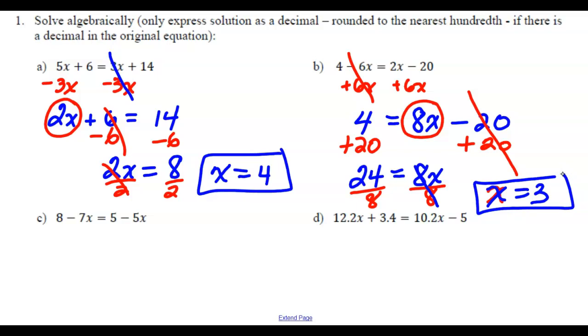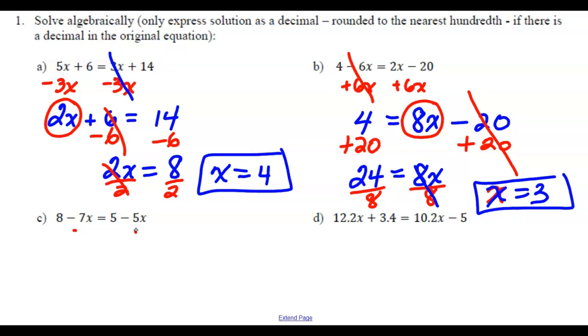So next one also has the same, these are all kind of similar in the fact that they have two constant terms, two x terms. When I'm dealing with negative 7x and negative 5x, what's smaller, negative 7 or negative 5? Negative 7.